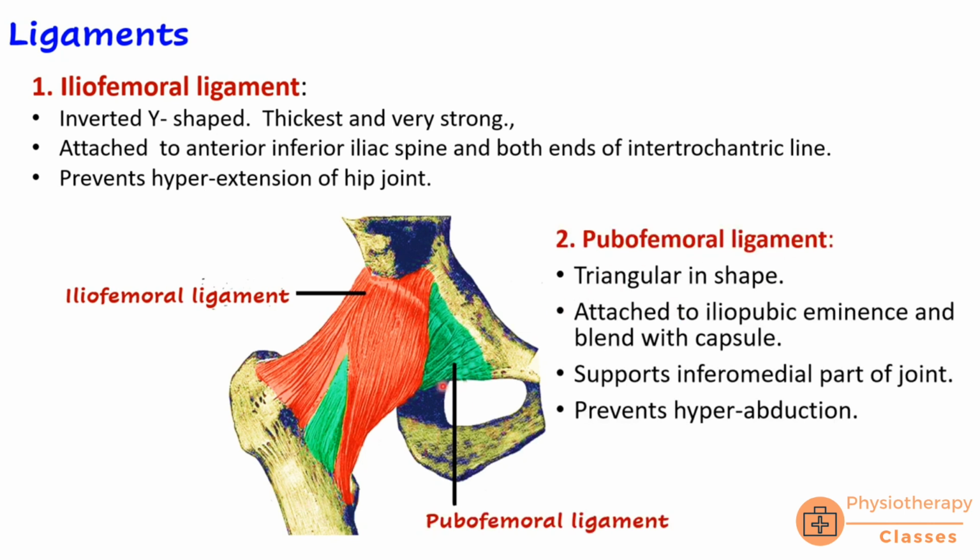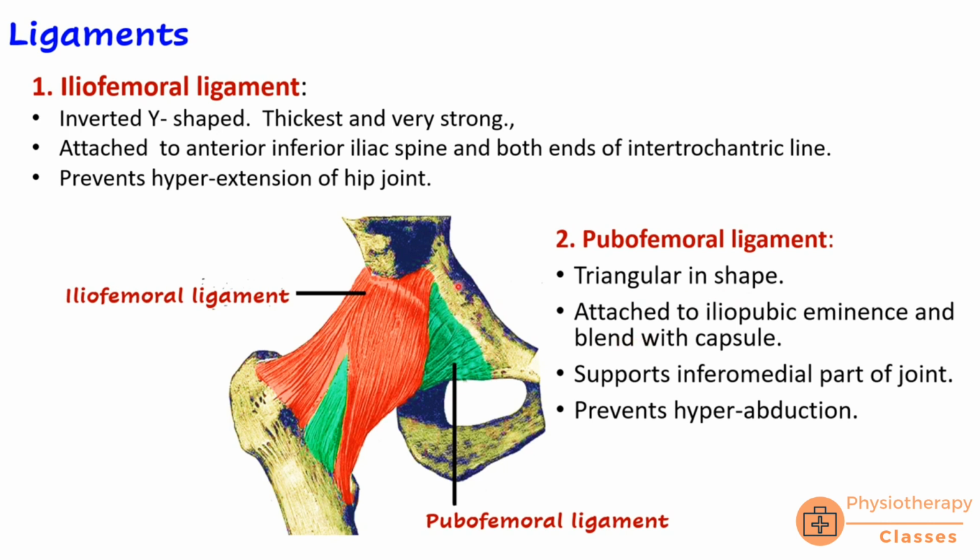You can see here the green in color, which you can see here. So this is triangular in shape. You cannot see the whole of this because it will be passing deep to the medial band of the iliofemoral ligament also. So this is pubofemoral ligament. It is triangular in shape.